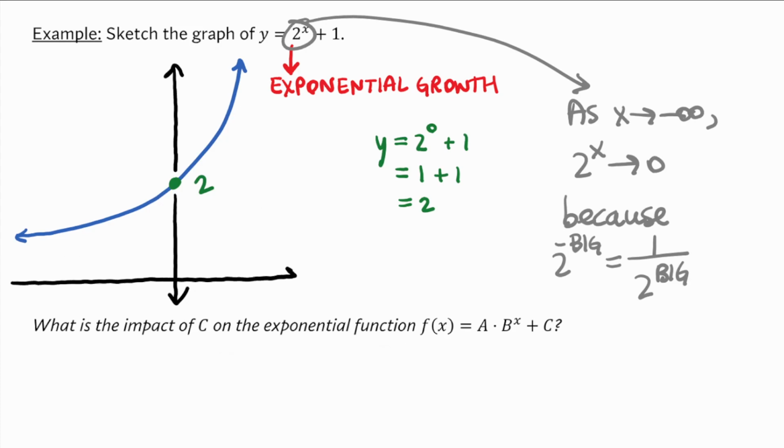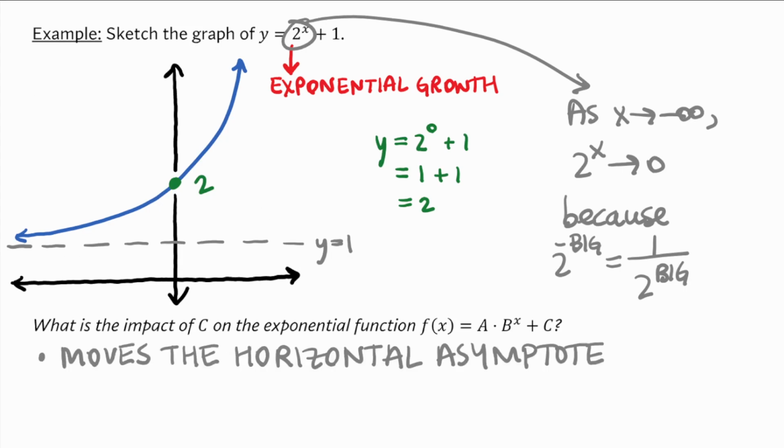And earlier I told you that line was called a horizontal asymptote, and I'll just draw that in. Most people draw asymptotes with a dotted line. I probably should have done that earlier. And so if they ask what's the impact of c on the exponential function f of x equals a times b to the x plus c, I might say that it moves the horizontal asymptote, but that would really be a symptom of what's going on, not the cause.